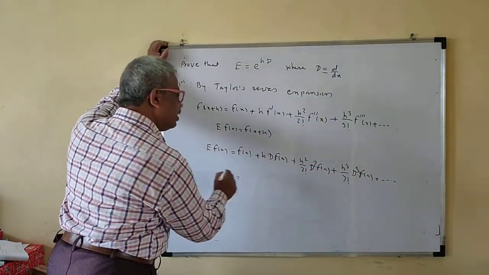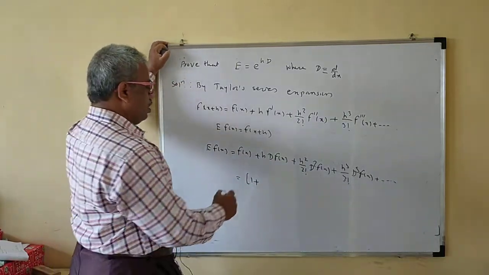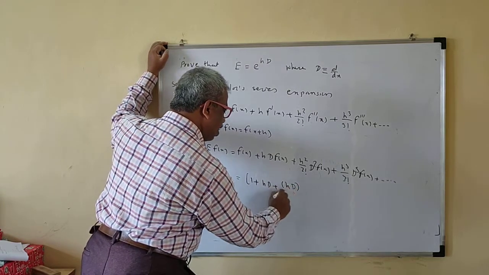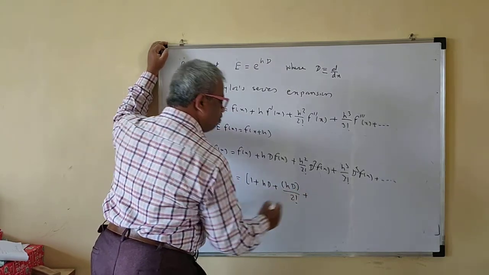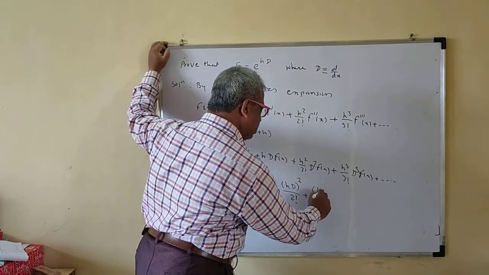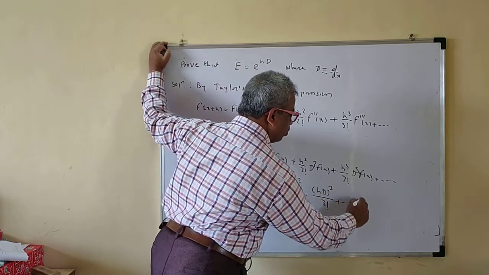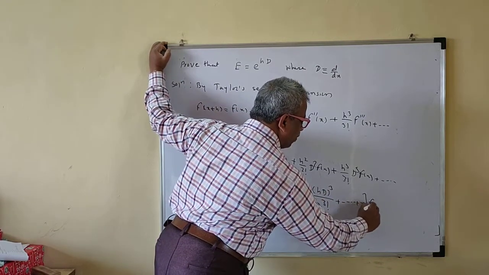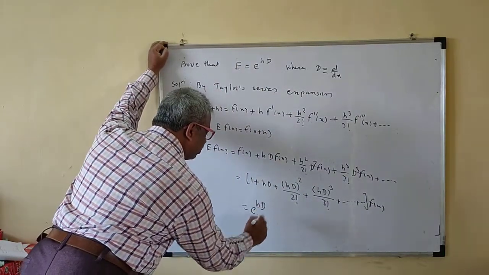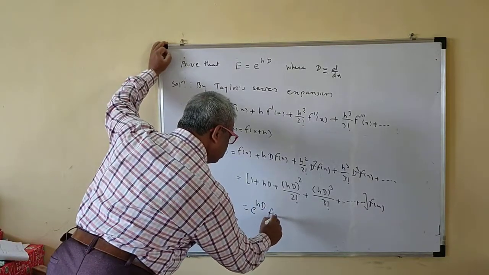So we can write this as 1 plus hD plus hD square upon 2 factorial plus hD cube upon 3 factorial plus dot dot dot f of x, and this is nothing but e raised to hD f of x.